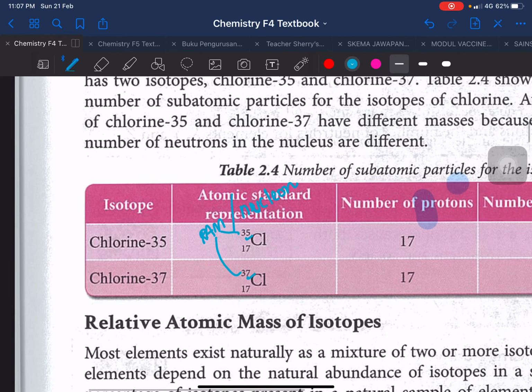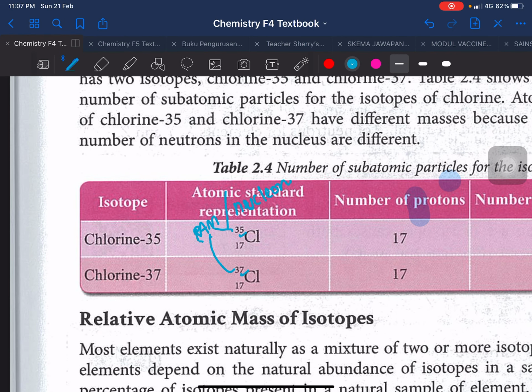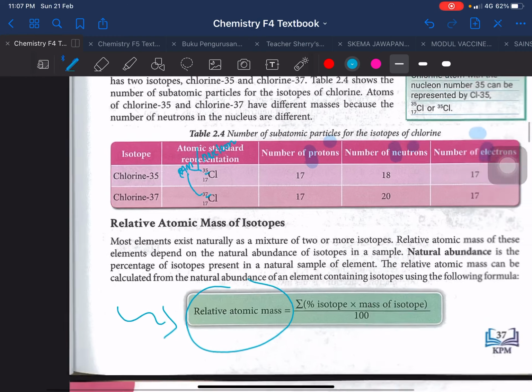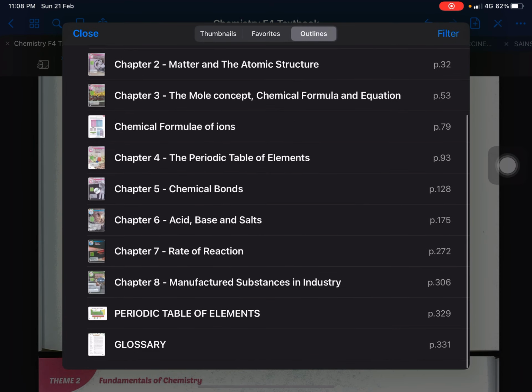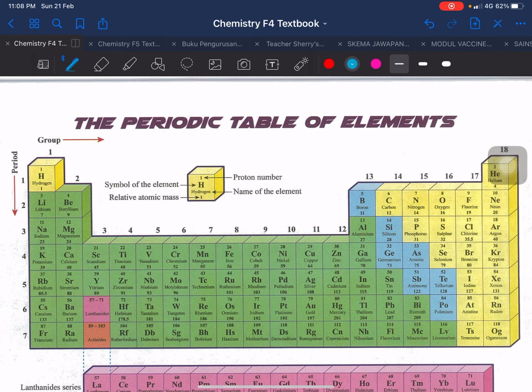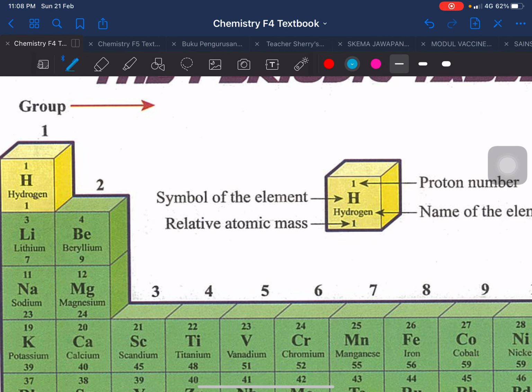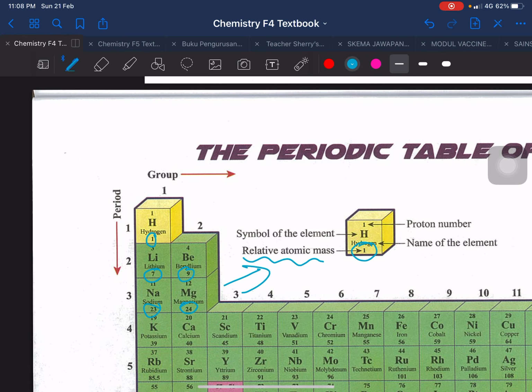You can find the RAM, relative atomic mass, in the periodic table of elements. Let us look at the periodic table of elements. See, in the periodic table, the relative atomic mass is the one below: 7, 9, 1, 23, 24. So those are all relative atomic masses.